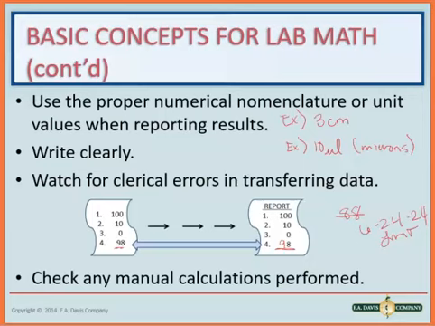Okay, so you're not going to scribble it out. You wouldn't scribble out the 88 where you couldn't read it at all. That's incorrect. You're only going to do one line and then date and initial it to correct it. And also, when you're performing any kind of manual calculations, just double check yourself.